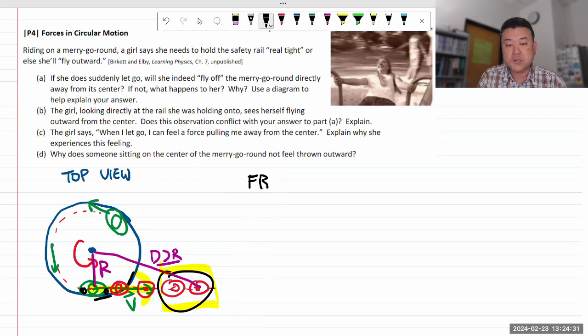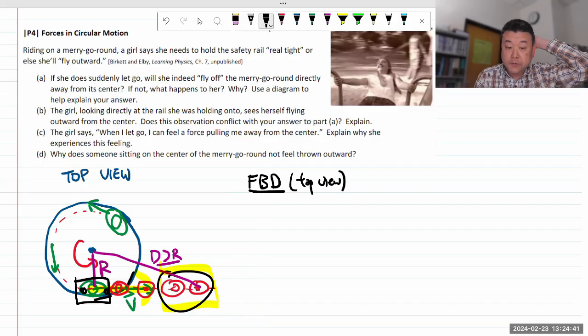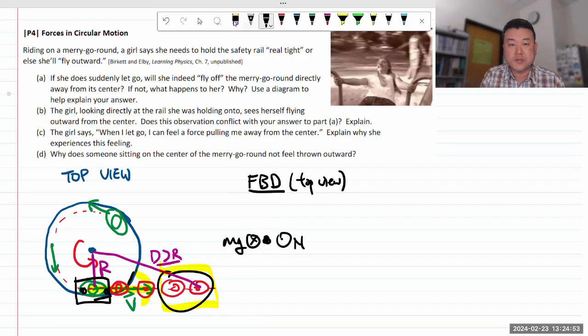Let's imagine drawing a free body diagram of the girl in this position, from the top view. By drawing it from the top view, what I mean is we are not going to draw gravity and normal force, because gravity will be into the page and the normal force will be out of the page. It's just confusing more than anything. Those just balance each other out, so I won't draw them.